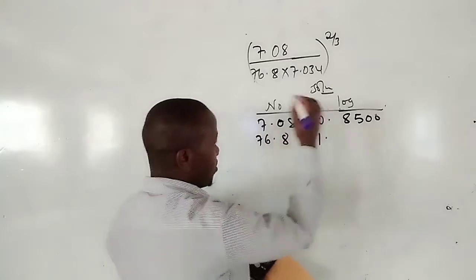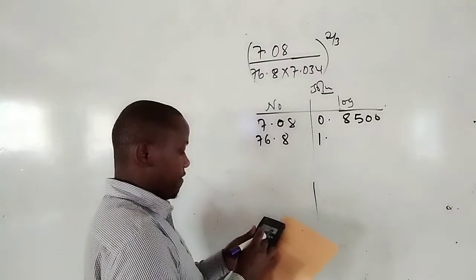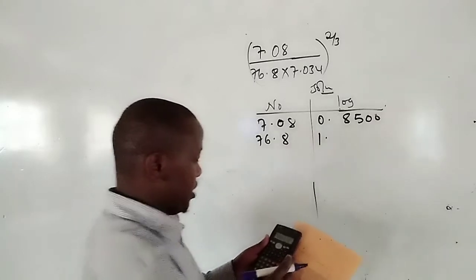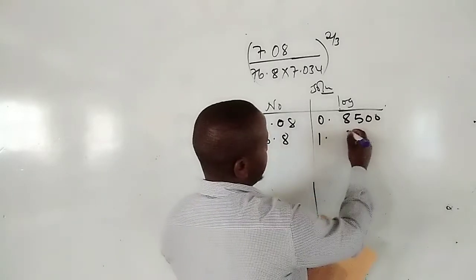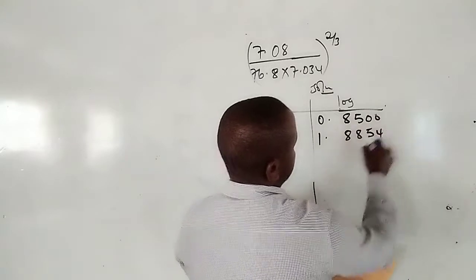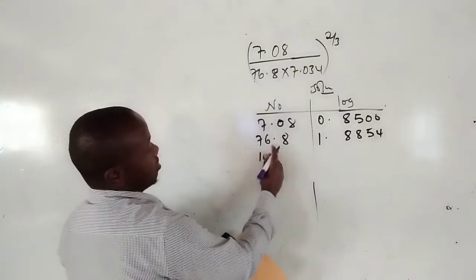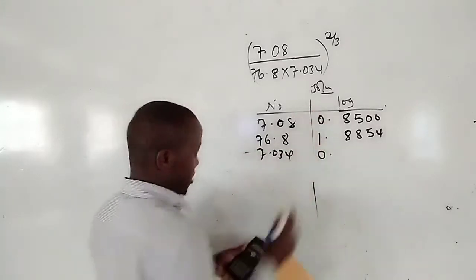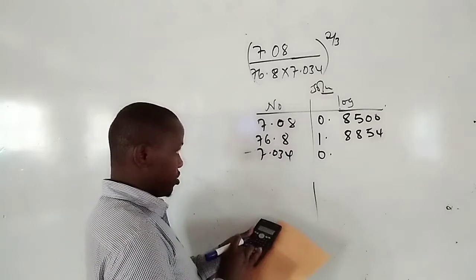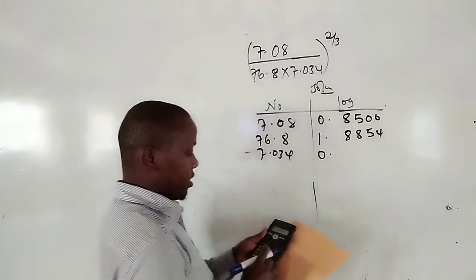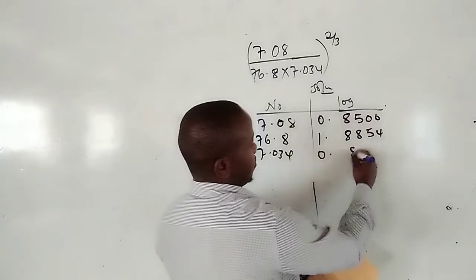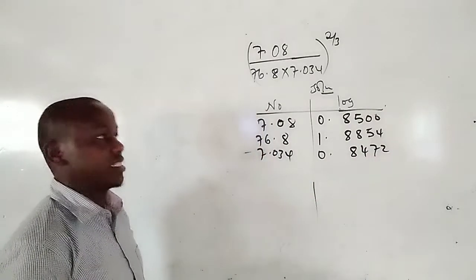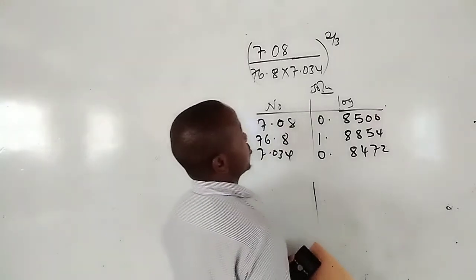Therefore, the log of 76.8 is 1.8854. Then the log of 7.034 is 0.8472. Therefore, with those logarithms, you first get the first mark by reading the logs correctly.